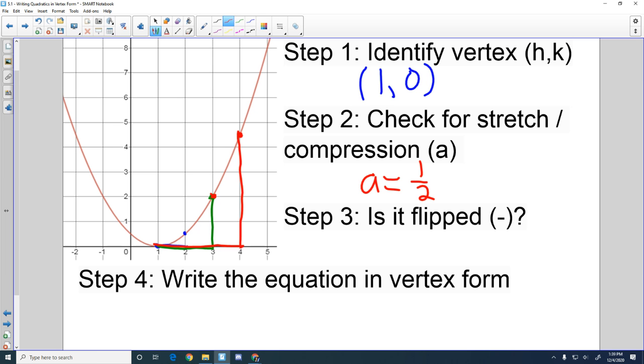That's not an even number. 10 would be on a line, right on 50. But if you go right 5, the vertical distance would be 5 squared, which is 25. You'd go half of 25, which is 12.5, as Landon said. Is this graph flipped? No. Okay, write the equation, everybody.